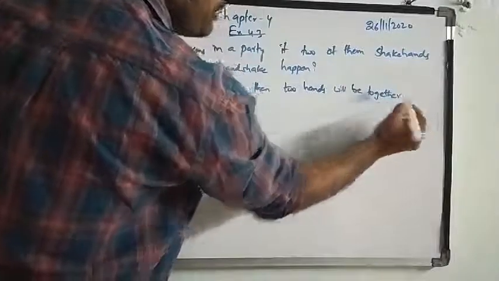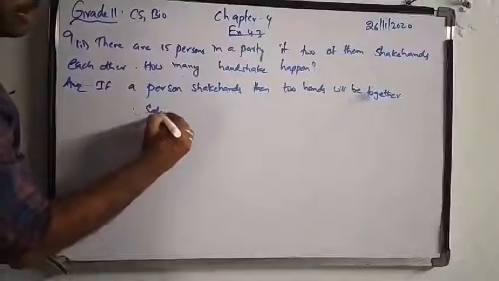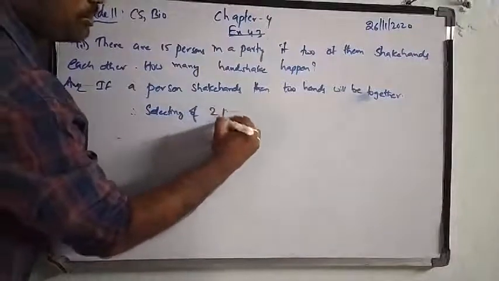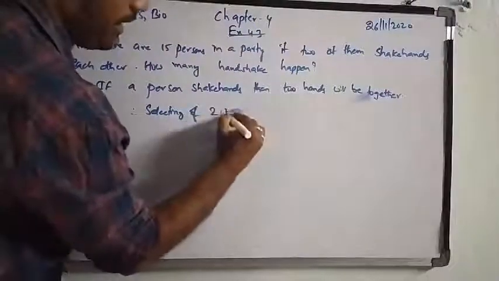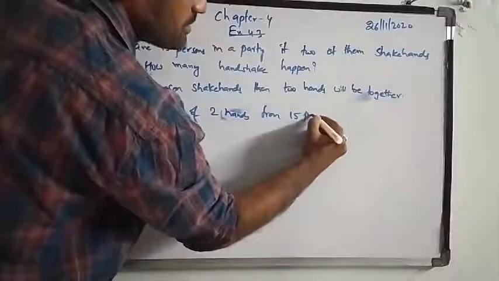So it is selecting two people from 15 persons.